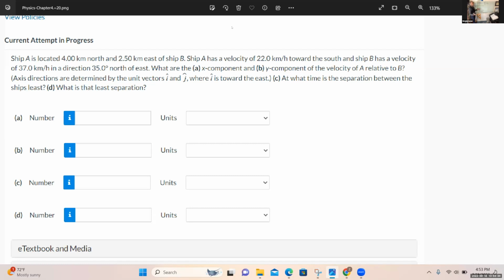So that's what I'm going to try to do for you right now. What's happening is you've got the initial distances here, which are what you said. I forgot to write that down.